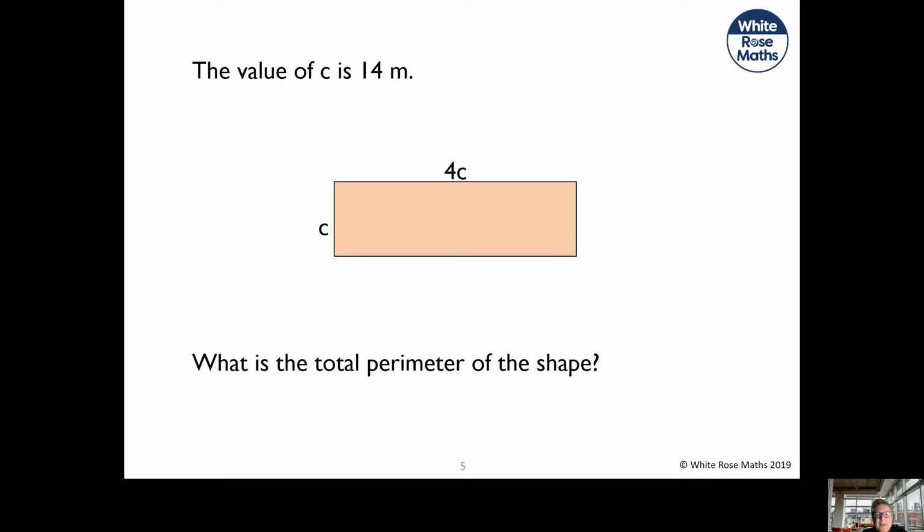So the value of C, marked on this rectangle, is 14 meters. And you're told that the longer side is 4C, which essentially means 4 times C. What is the total perimeter of the shape?